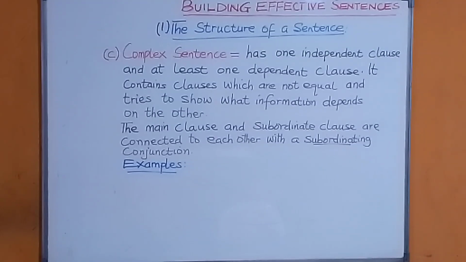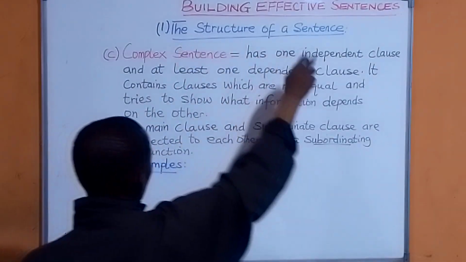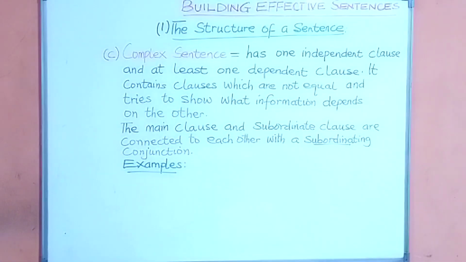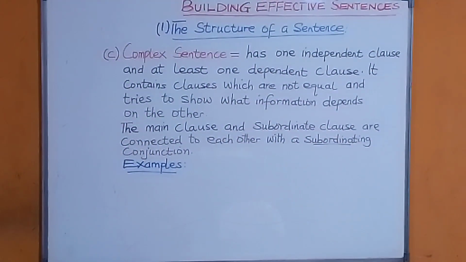Teaching on building effective sentences. Remember, we are looking at the structure of a sentence. We have seen how to make simple sentences and how to use two simple sentences or independent clauses to make a compound sentence.